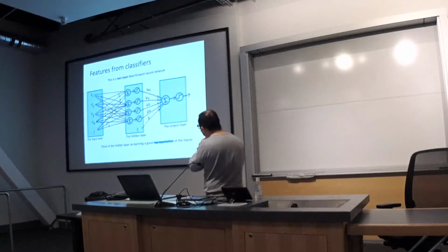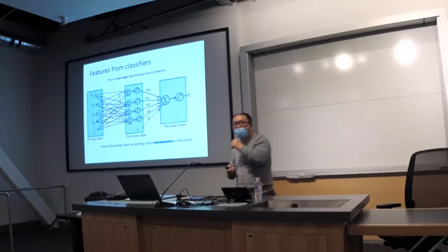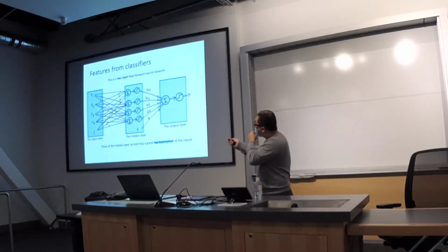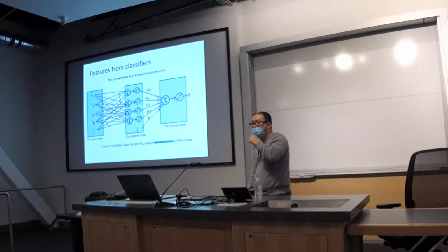You can view the hidden layer as essentially some kind of transformation of the input data. This one is one particular type of feature mapping. The second one is another particular type of feature mapping. Third feature mapping. Fourth feature mapping.